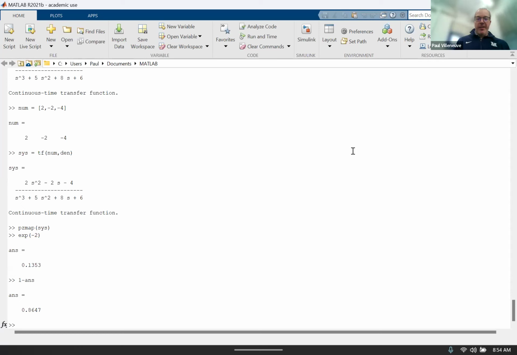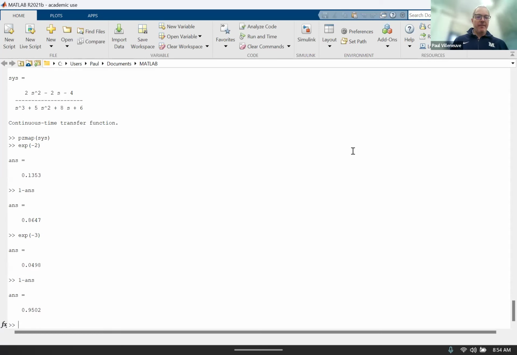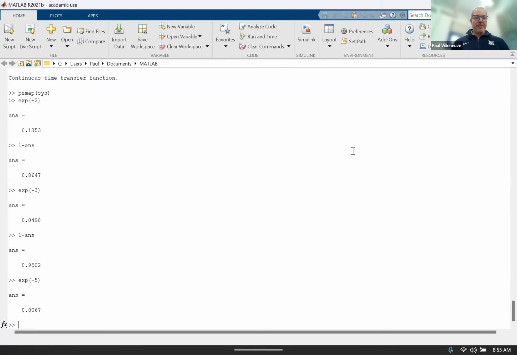And then when I go 3, so let's do 3. 95%. So some people will say that 3 time constants is sufficient because you're within 5% of your final value. Some people say 5. Now we're at 99.33%.